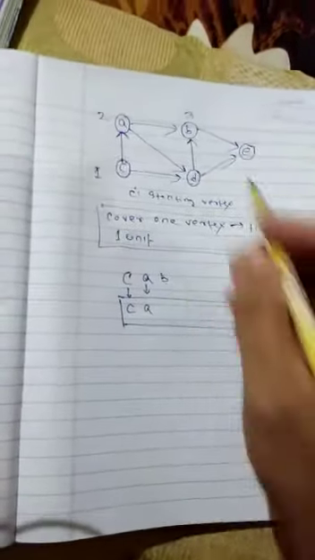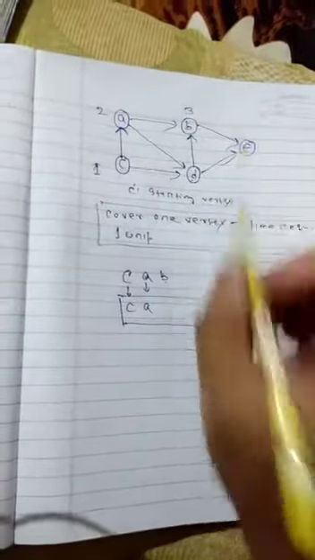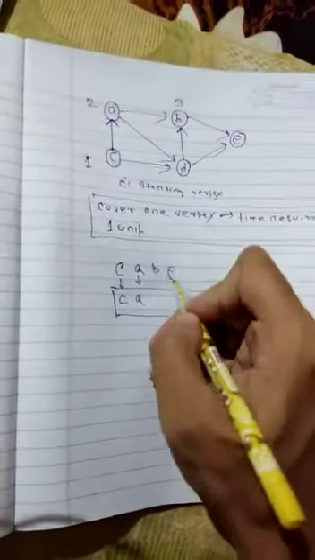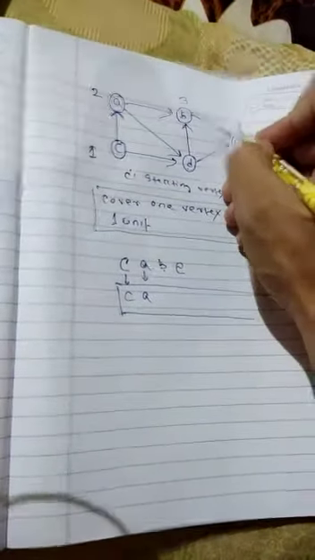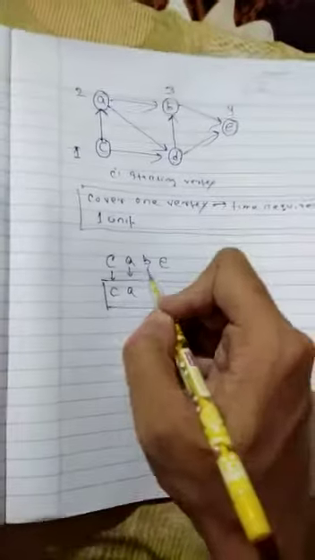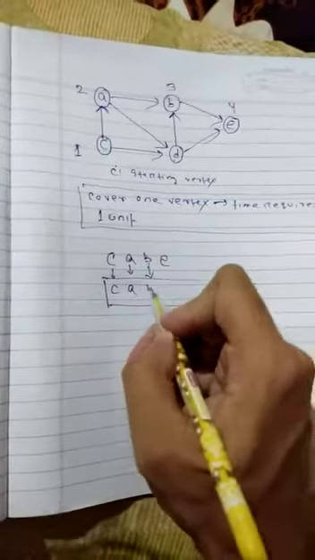Then by B, the adjacent is E. Okay, so from B we explore E at what time unit? At the 4th unit of time. Then B will be entered into the stack.